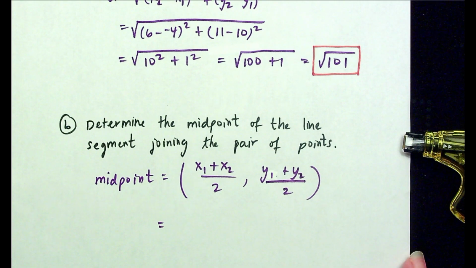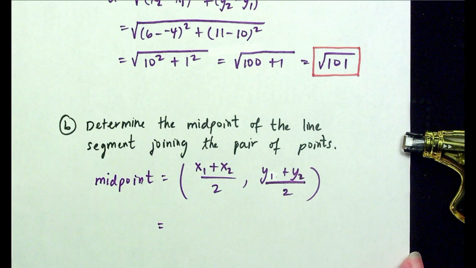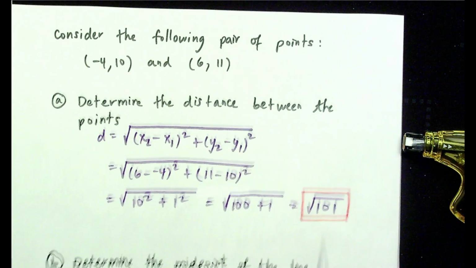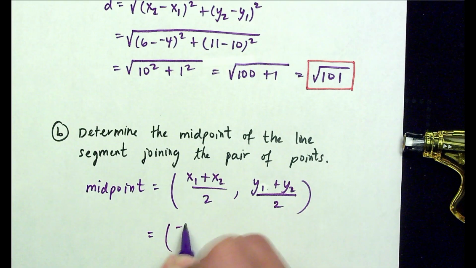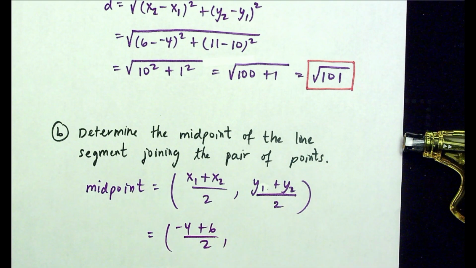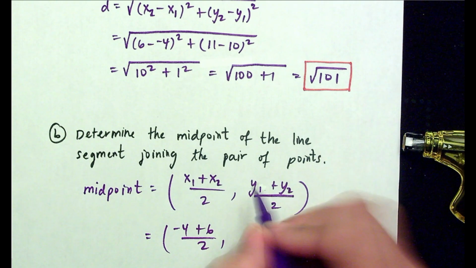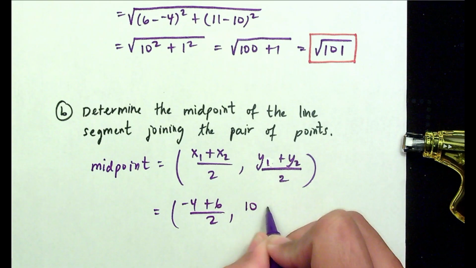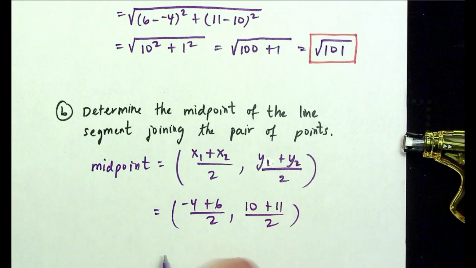Plugging in our numbers, the x's were -4 and 6, so -4 plus 6 divided by 2. And then the y's were 10 and 11, so 10 plus 11 divided by 2.